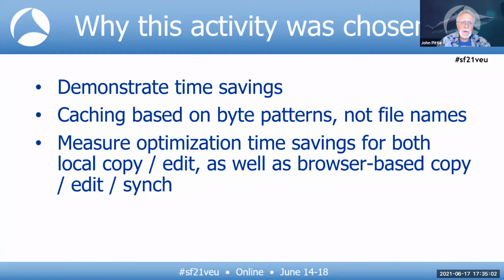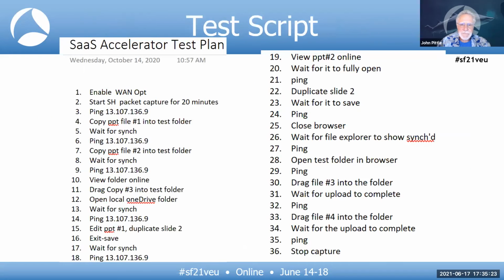Because what you're going to see with one version of the cache, I can edit with PowerPoint on the cloud. I can edit with PowerPoint locally. I can do drag and drop from File Explorer. I can do drag and drop through a browser, and it's all using the same cache content, which is actually pretty interesting. And then taking a measure of the time savings.